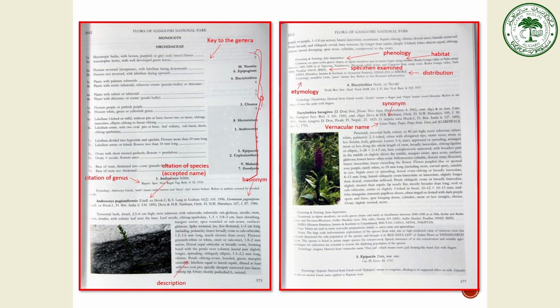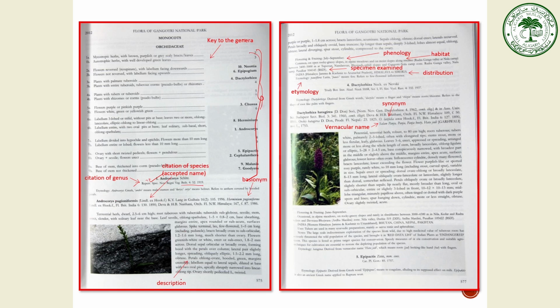Then from these keys you can reach every species, and you can see here the name, like Androcorys. You can say this is the accepted name. Then this is the citation of the genus, from where it is taken. Then you can see there are accepted names, then basionyms, then description.